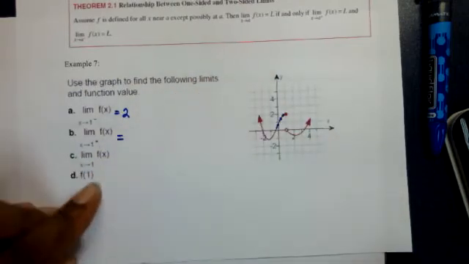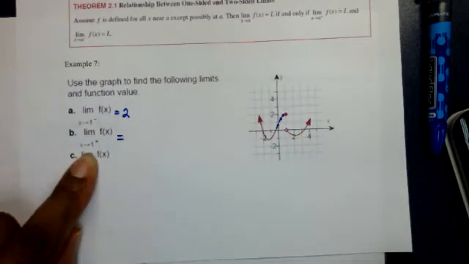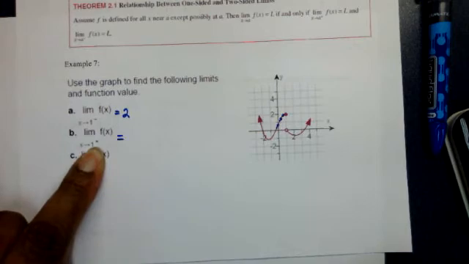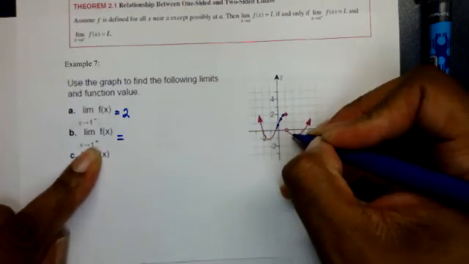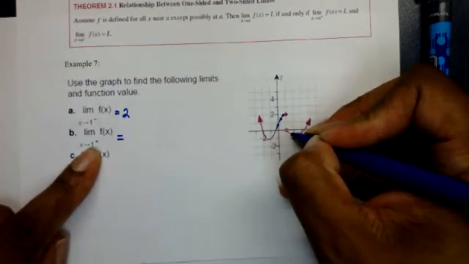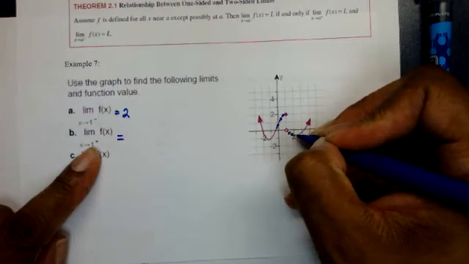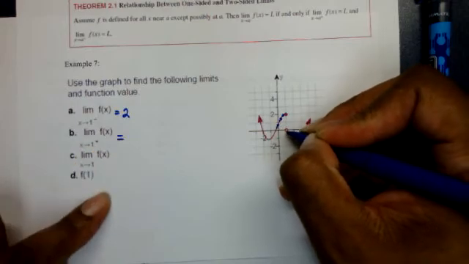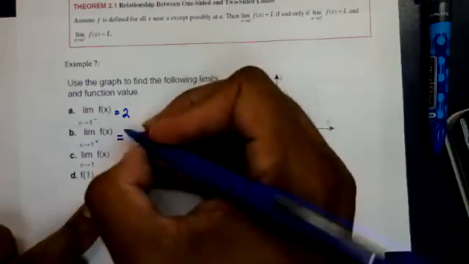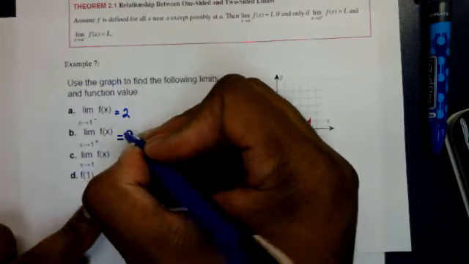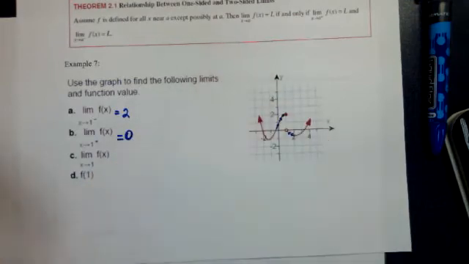Now in part B, the limit as x approaches 1 from the right. So here's to the right of positive 1. That value is getting closer and closer to 0, but it'll never get to 0. It's just getting closer and closer to 0.